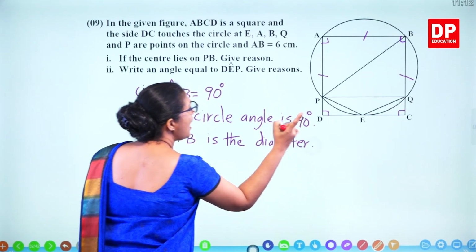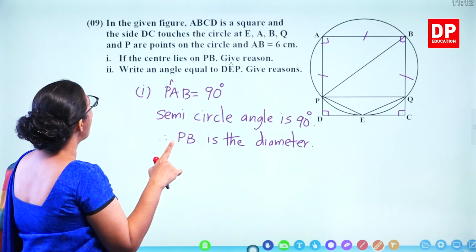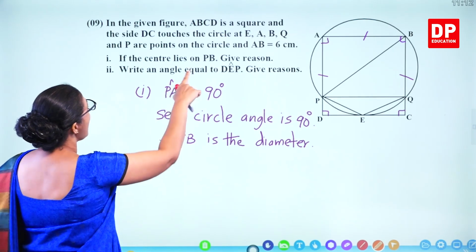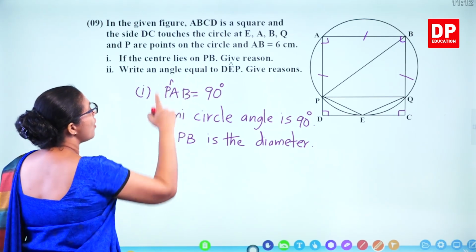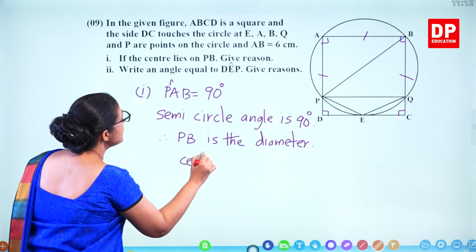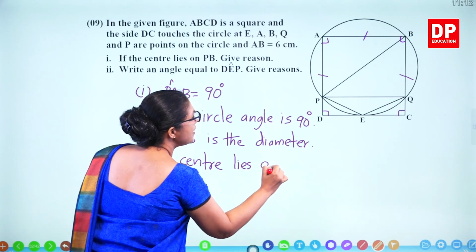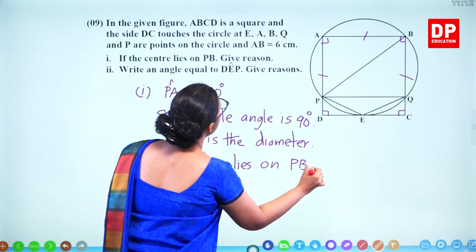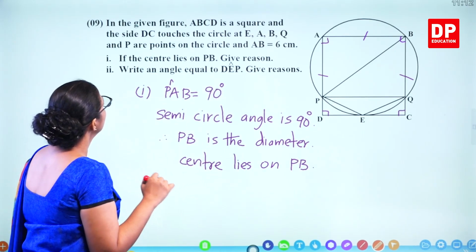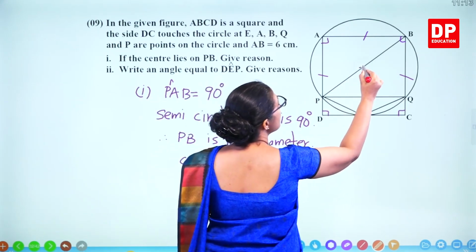If this is the diameter, the center lies on it. So therefore, the center lies on PB. That's true. So the center is here.